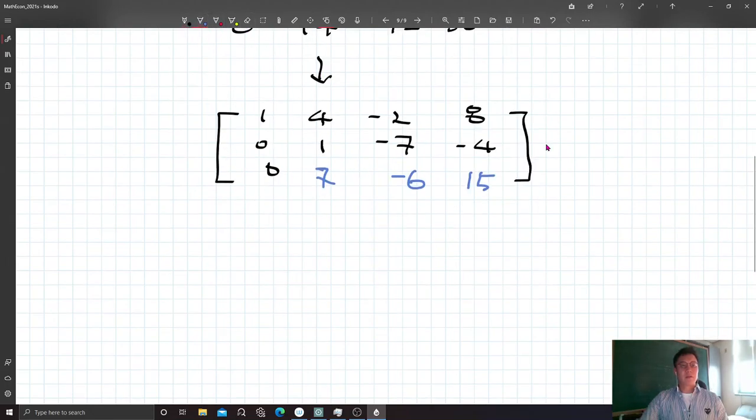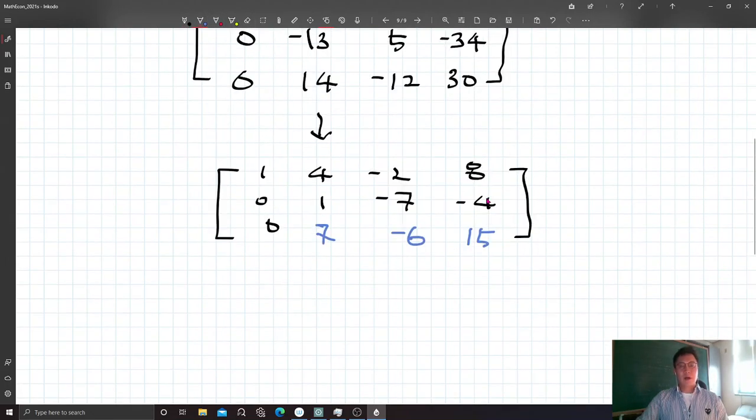Here I did R2 plus R3, one row addition, in order to get number 1, a pivot in the second row. And I divided the third row by 2.